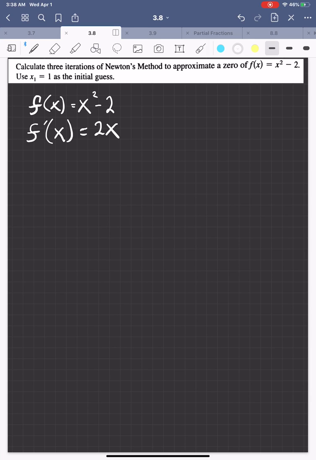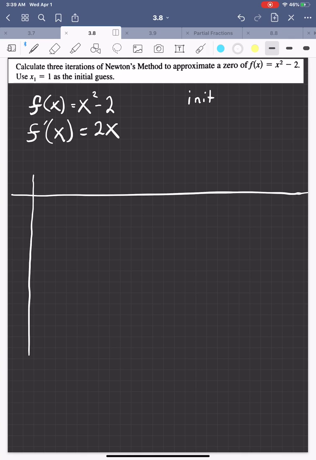So here are some things that you're going to need. And now let me create some columns. The next thing that you're going to need is your initial guess. You're going to see this subscript n show up a lot, but the basic idea is the initial guess is your x sub 1.